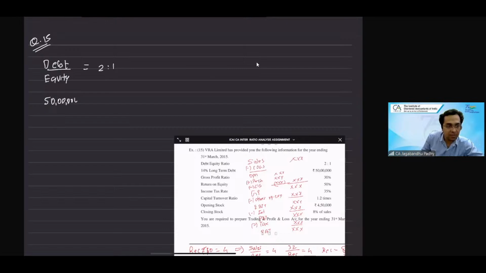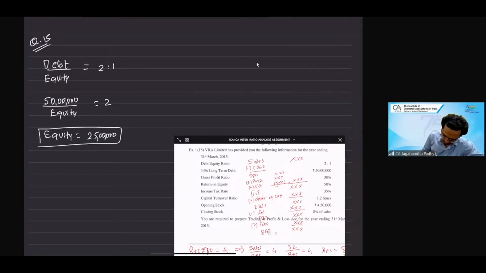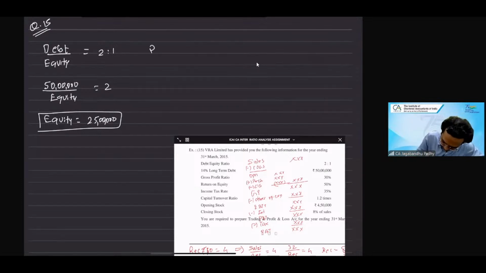So amount of debt, 50 lakhs, upon amount of equity is 2. That essentially gives us the value of equity as 25 lakhs. Now based on this equity, we have a GP ratio and return on equity. The connecting one with equity is the return on equity. Return on equity is 50%.